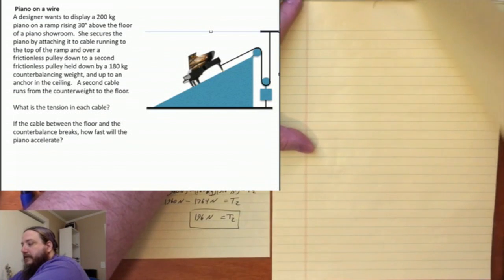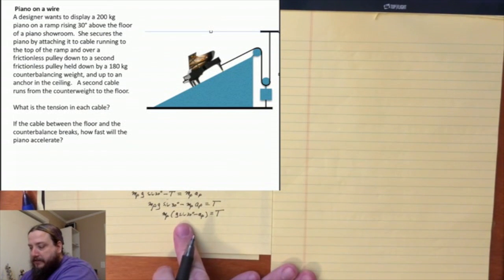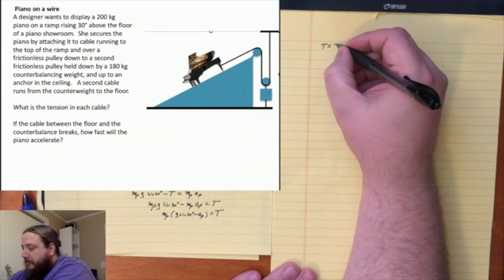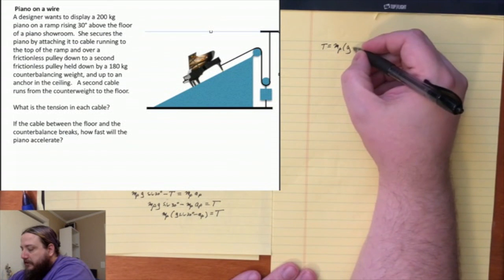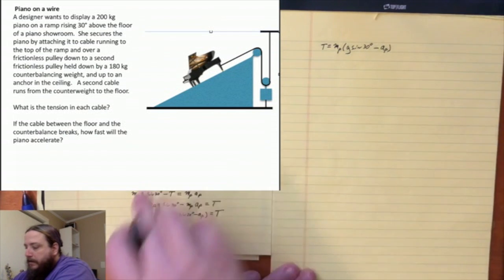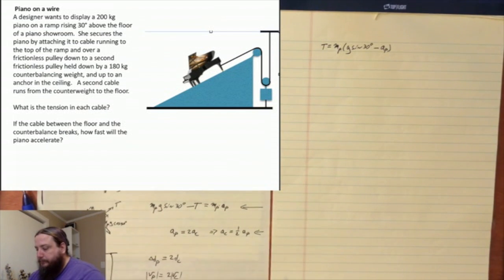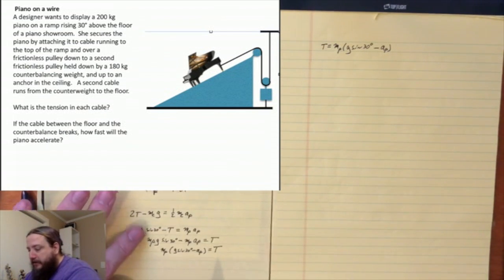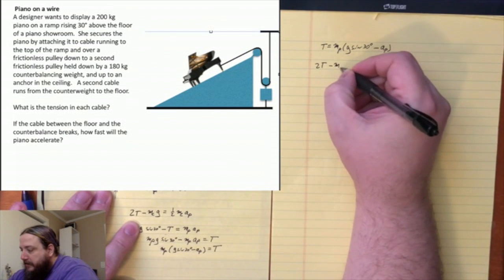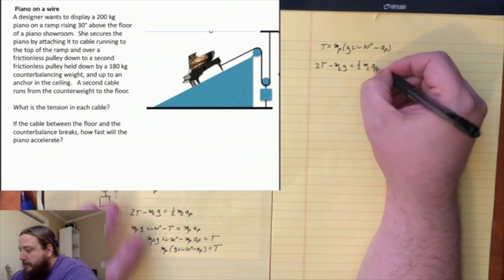We are going to need a third page here. So let's just take this equation and recopy it up here, that the tension is the mass of the piano times g sine of 30 degrees minus the acceleration of the piano. And then copy over our other equation, that 2T minus m_C g equals 1/2 m_C a_P.